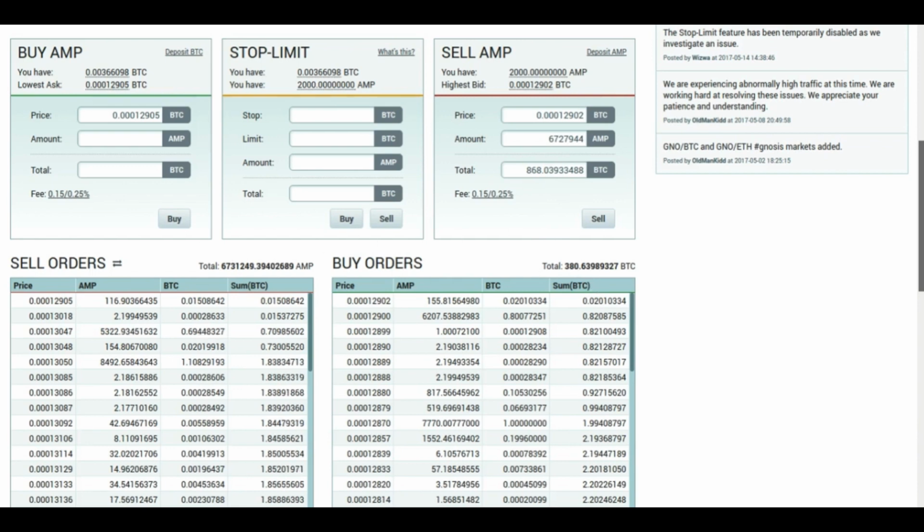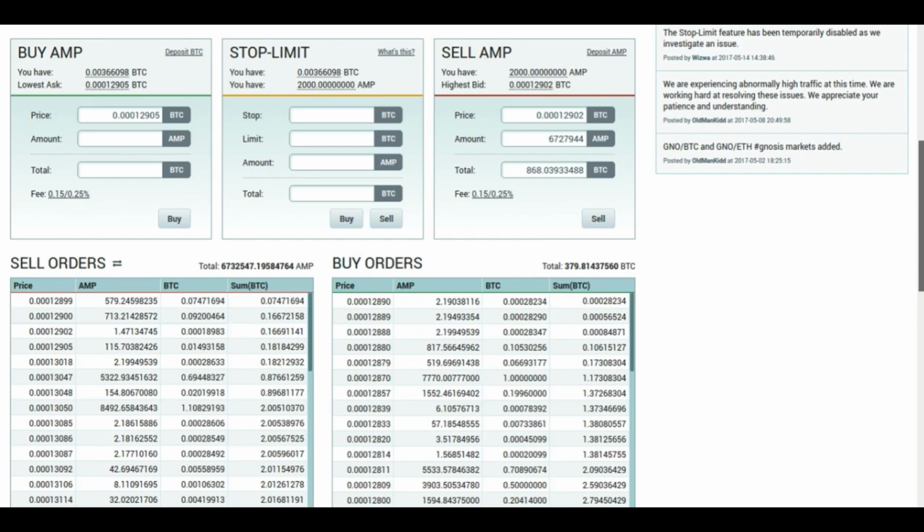So let's break out the calculator and divide 379 by 868. It's about 43%. In this case, because buy orders are about 50% of what there is in sell orders, I would probably buy it.